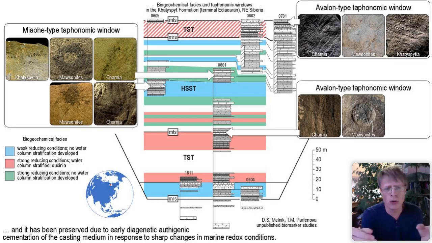And as you can see, the fossils that are preserved as casts and molds, on the right-hand side of the slide, are found in the parts of the section where the conditions slightly change from euxinic to non-euxinic. And in between these intervals, the fossils are shown on the left-hand side of the slide. You see the fossils preserved not as casts and molds, but as faintly visible outlines with no relief.